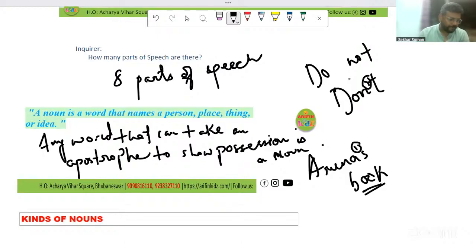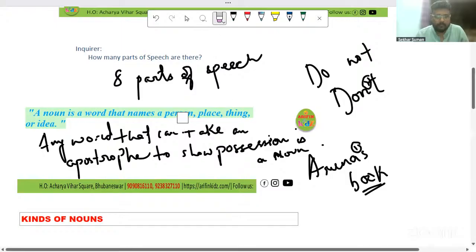Okay, fine. Yes, Raj Lakshmi, there are 5 types. Ram's performance. What's possession, Rashmi? Possession is ownership. Let me clear the board for some time.